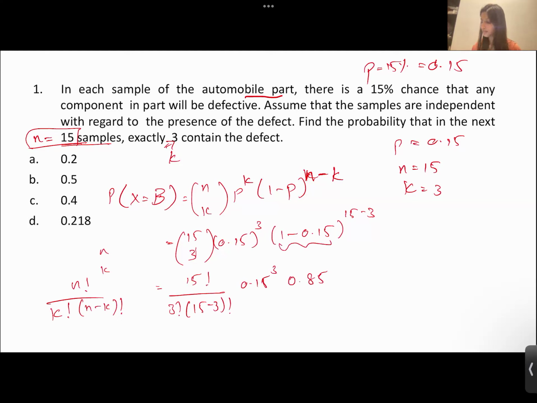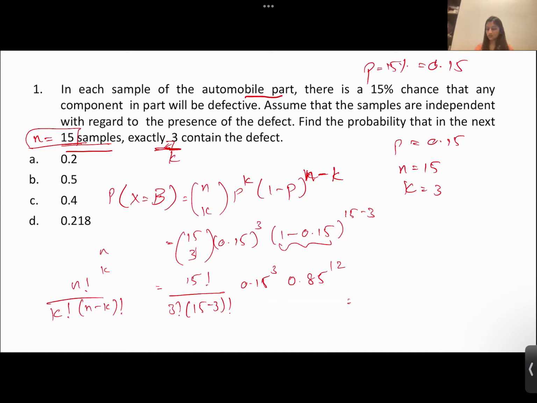So 1 minus 0.15 is 0.85. Power 15 minus 3 is 12. You just substitute these values and you'll get some answer. That gives you the probability of exactly 3 automobiles in the 15 samples being defective. So you can see how you can calculate this using binomial distribution.